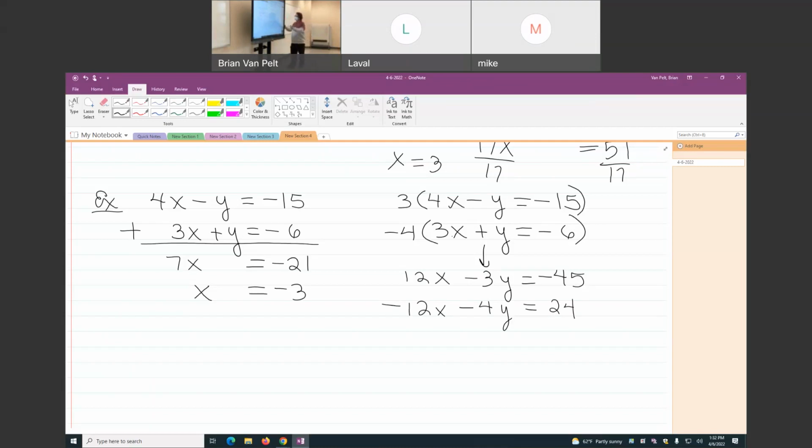Now I'll add them together, and as we made it work, as we forced it, the x's will disappear and we'll get negative 7y equals negative 21. So what is y? So I got a negative 3 for x and a positive 3 for y.